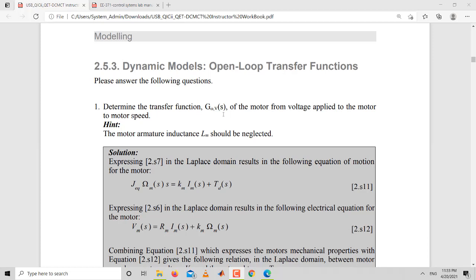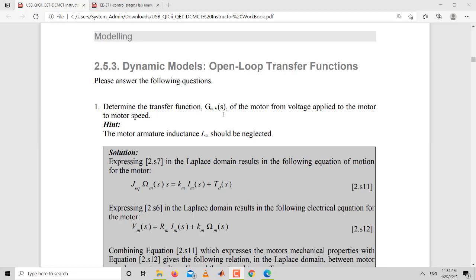The input is the voltage applied to the motor, and the output that we are observing for now is the motor speed. For this particular question, we are going to neglect the armature inductance, the factor Lm, the motor inductance.